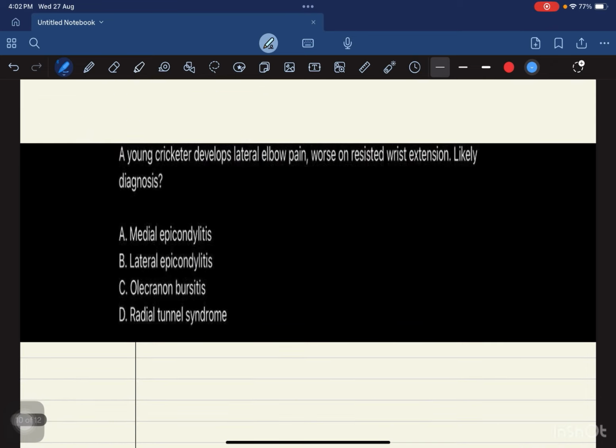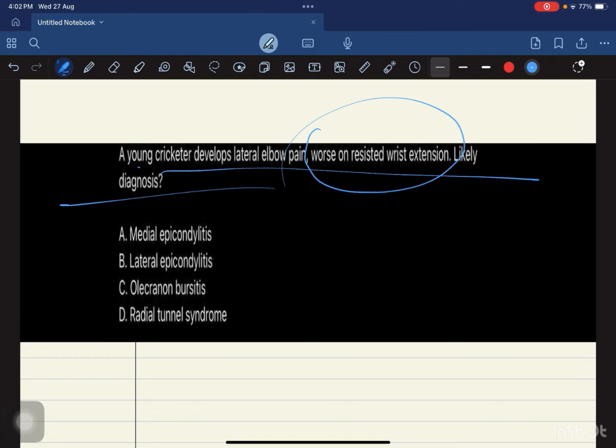Okay, so moving on to the next question. A young cricketer develops lateral elbow pain worsened on resisted wrist extension. Pain worse on resisted wrist extension is a hallmark for lateral epicondylitis.